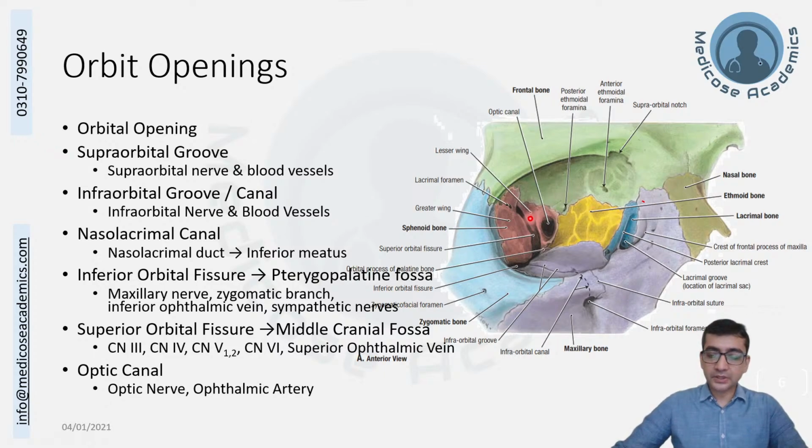It is present between the body and lesser wing of sphenoid and the greater wing of sphenoid, and it is opening back into the middle cranial fossa. A number of things enter from here, and most of them are nerves. That includes the nerves in a single arrangement: number 3, number 4, number 5, number 6.